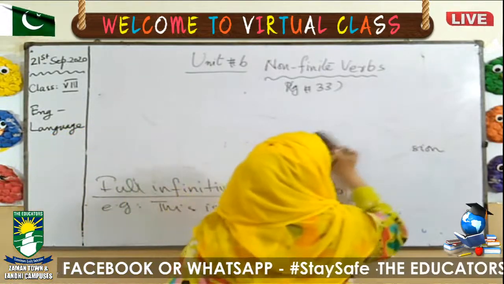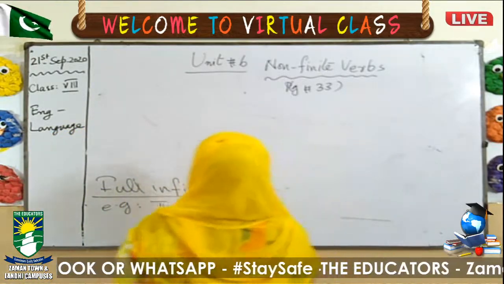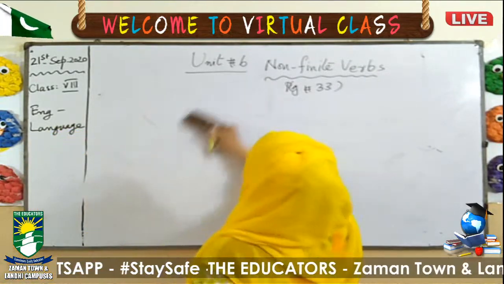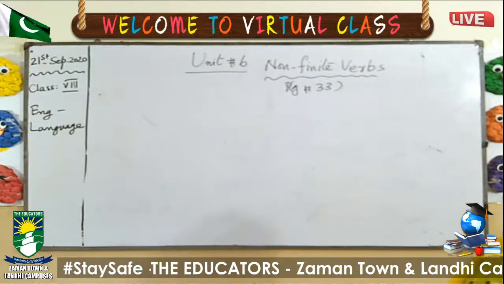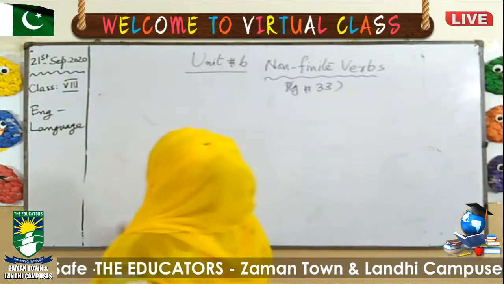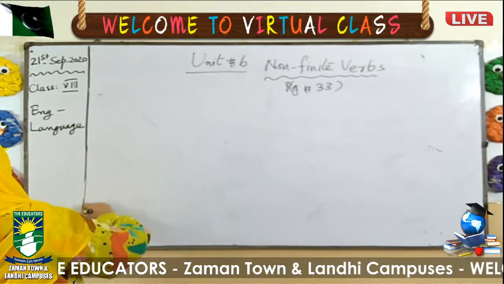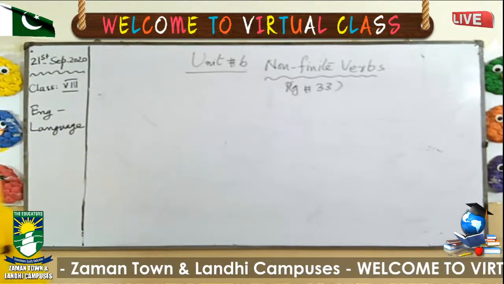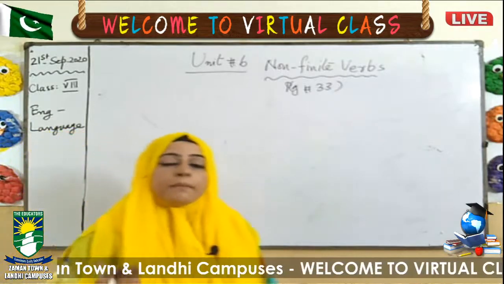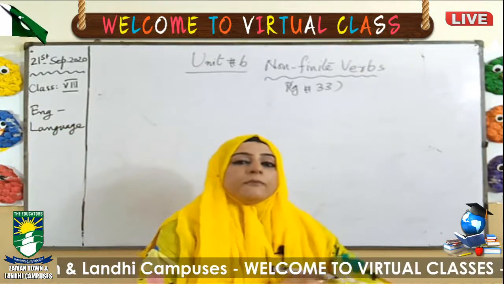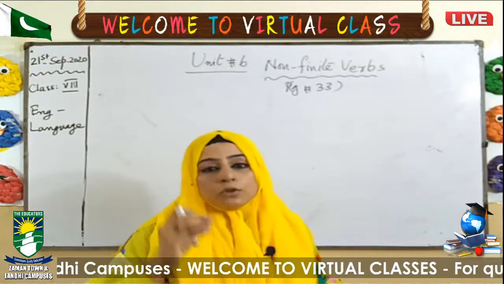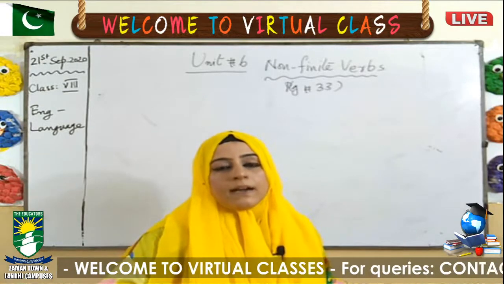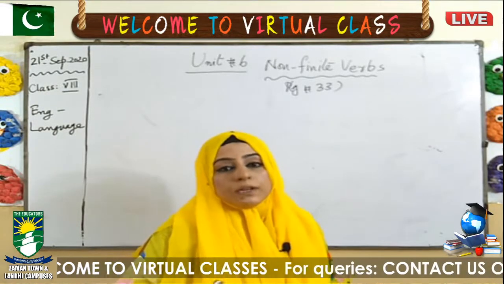Full infinitive, bare infinitive, infinitives. Basically, first we learned infinitive with the preposition to, the form of the verb with the preposition to. Then bare infinitive, without preposition to. Then full infinitive means to plus verb, so if you have the verb at the end then you will add to with it.